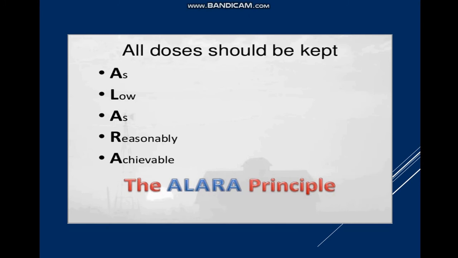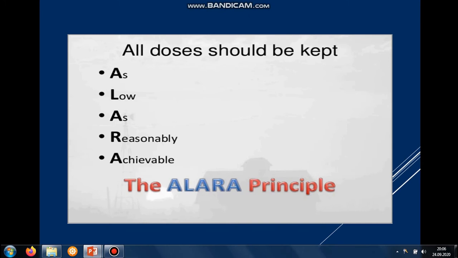The meaning of the ALARA principle is "as low as reasonably achievable." It is the principle of radioprotection stating that whenever ionizing radiation is applied to humans, animals, or materials, exposure should be as low as reasonably achievable. It is fundamental to the principles of radiation protection.